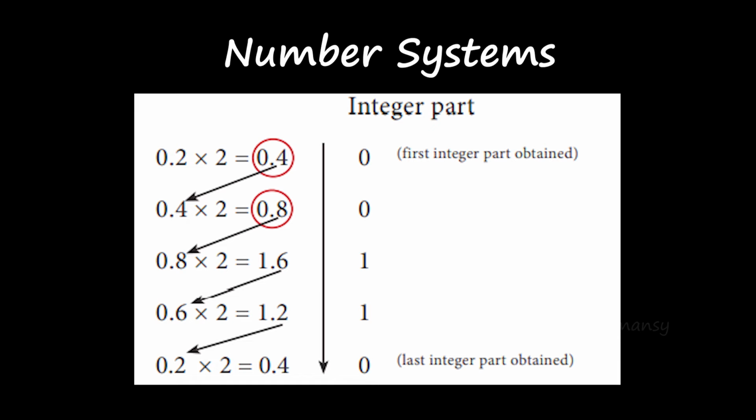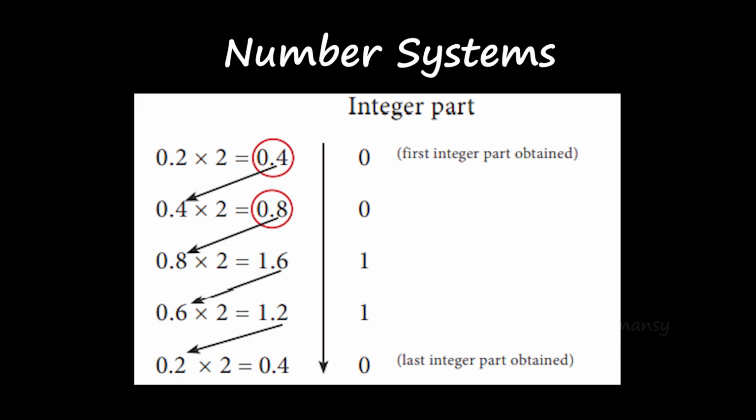If you are getting 0 or 1, you will take the value which is on the left hand side of the point separately, and you will keep the value which is on the right hand side, and multiply it with 2. Okay, so in this method you will be getting a repeated series of values.